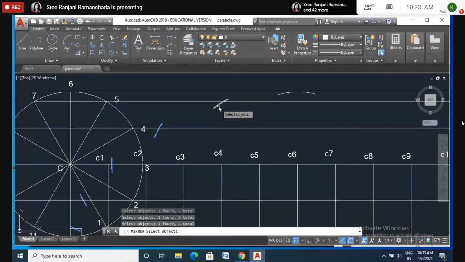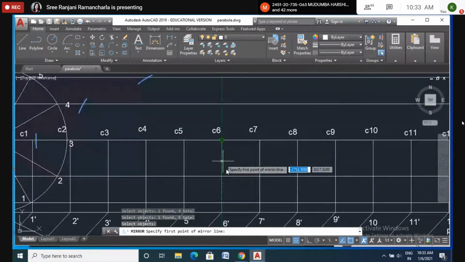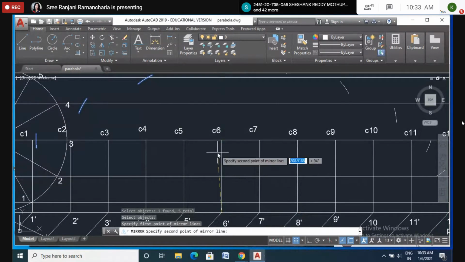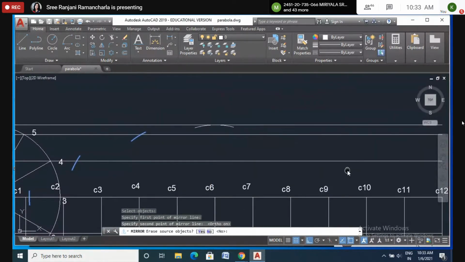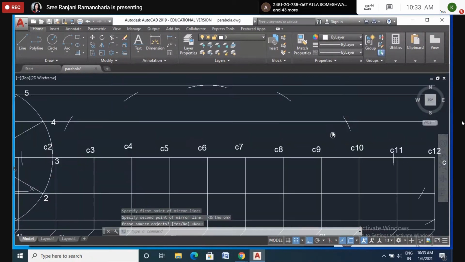This is not required. Then enter. So my mirror line is this one. I want to make this my mirror line, and I got it. Yes, I made it like this.